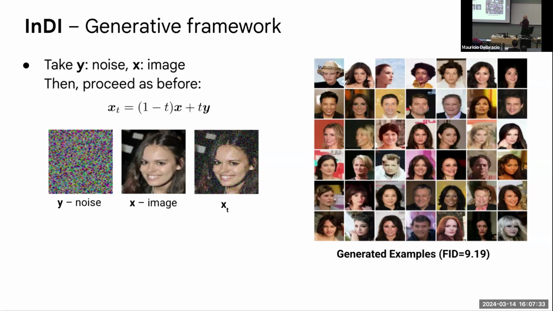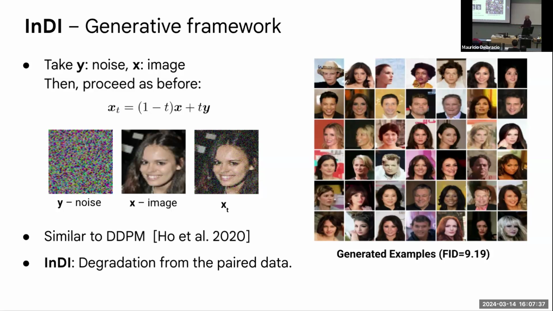But we really didn't change anything for this application. For those of you who are familiar, this is very similar to DDPMs, denoising diffusion probabilistic models. The main difference is that we are not engineering any degradation. We are just saying we have noise and we're going to map it to a clean image. The degradation is encoded in the model that we're learning through this intermediate degradation.